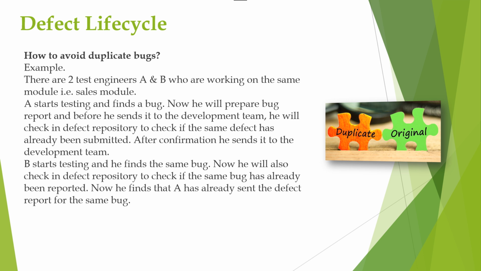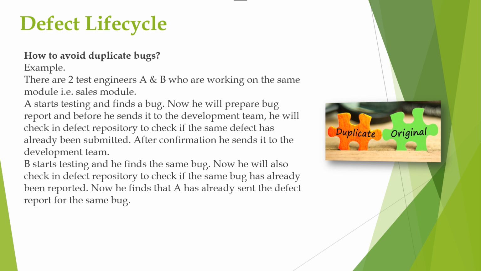Since he has found a bug, he will prepare a defect report in which he explains the defect in detail. Before he sends it to the development team, he will first log into the server named QA and go into the folder called Defect Repository, where all the defect reports prepared by the test engineers are stored. Now he will search for a keyword called sales.